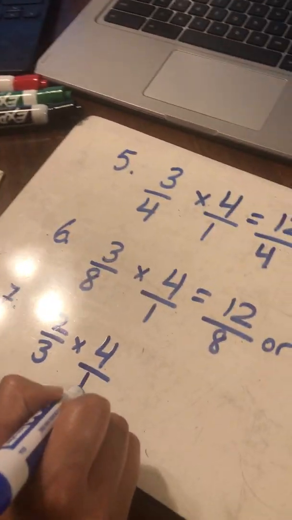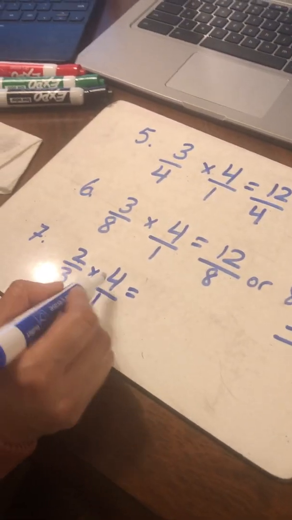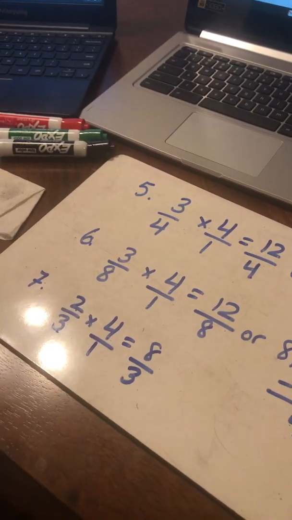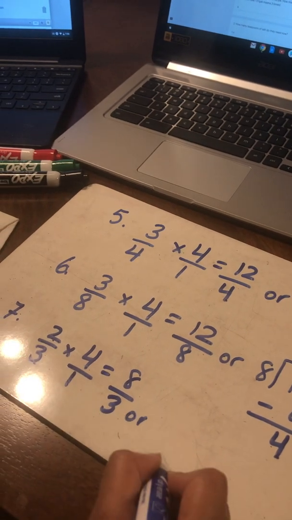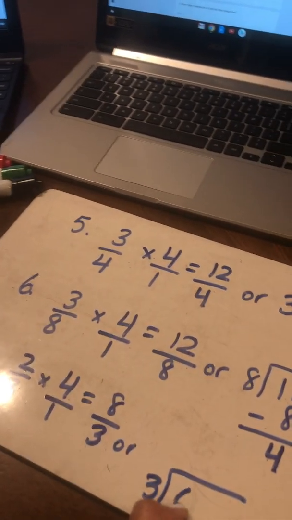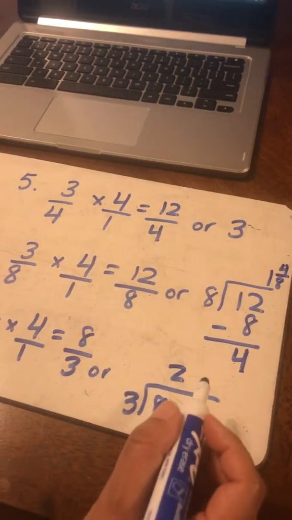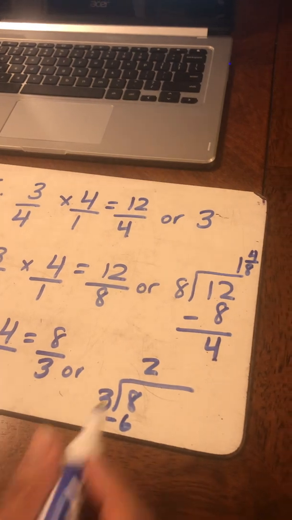Okay, there's my 1 underneath the 4. 2 times 4 is 8. 3 times 1 is 3. So 8/3. Or I'm going to divide. 3 goes into 8 twice. 2 times 3 is 6. And then subtract. 8 minus 6 is 2.